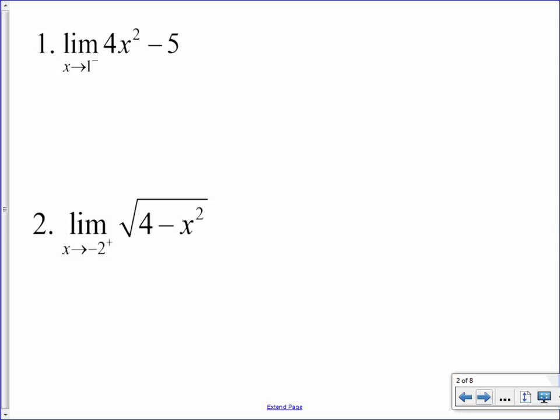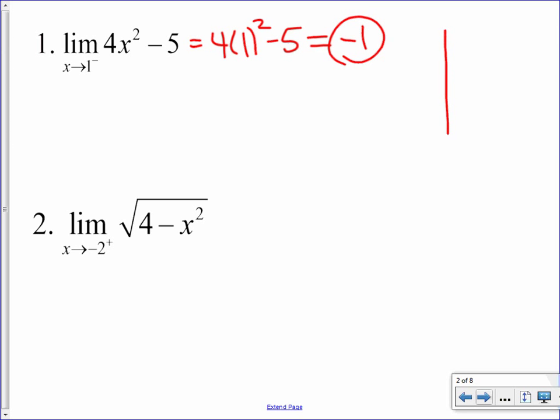Even though we're just looking at the left-hand limit, since this is a nice smooth curve with no holes or gaps, the limit is -1. We can think about this graph, 4x squared minus 5: shifted down 5 with a vertical stretch. From the left side, we're approaching the y value of -1.